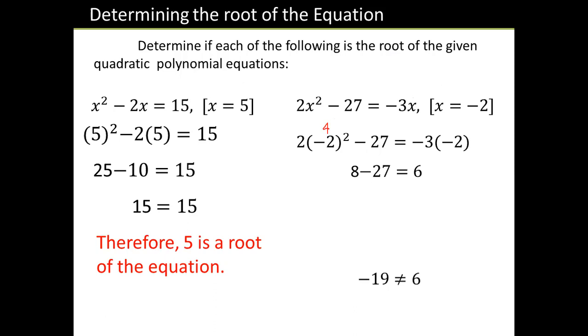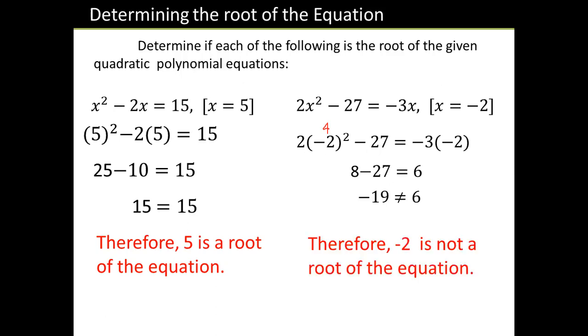So positive 8 and negative 27, remaining is negative 19, which is not equal to 6. Left-hand side is not equal to the right-hand side. So therefore, negative 2 is not a root of the equation.